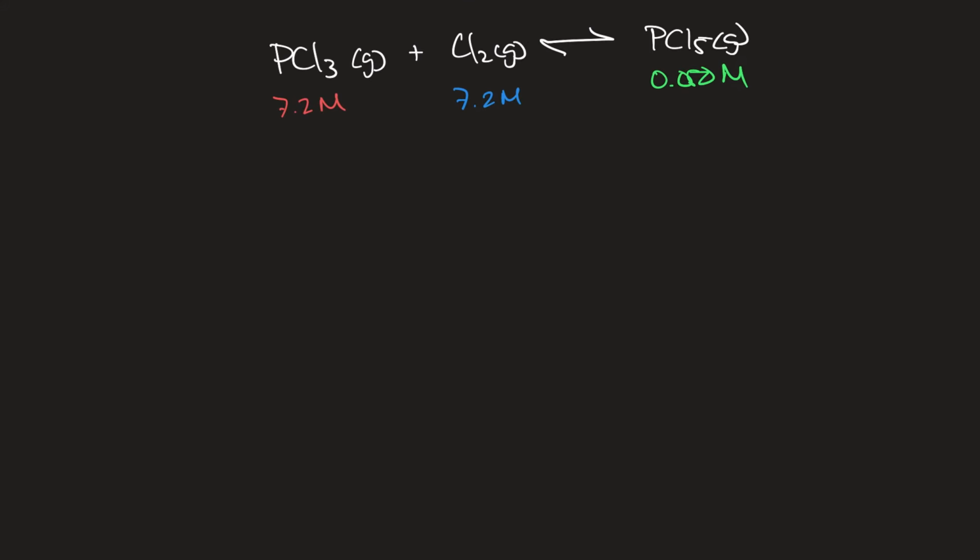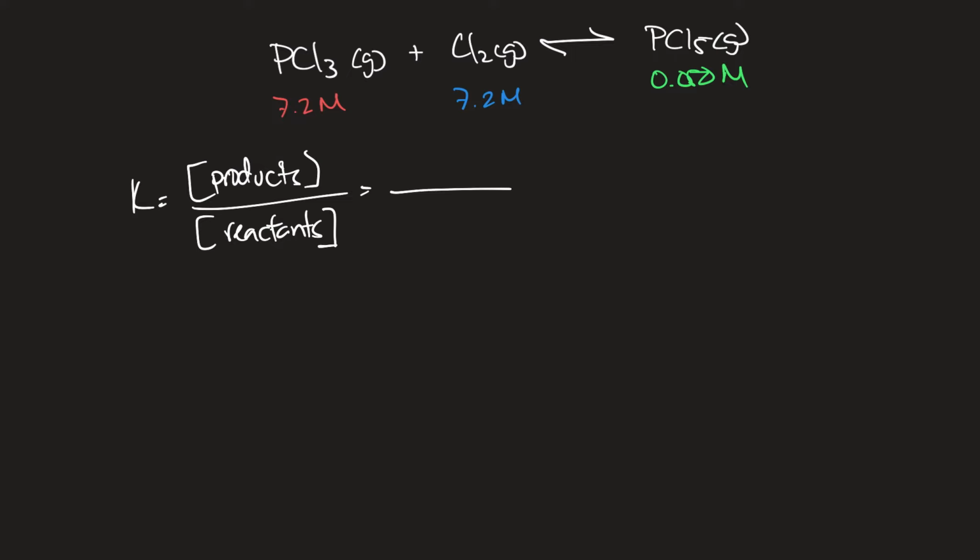What we're going to do is calculate the equilibrium expression for this chemical reaction. Now remember, K is equal to the concentration of your products over the concentration of your reactants. It's always probably a good idea to write the equilibrium expression first with the substances before we put in the numbers. Our product in this case is the concentration of PCl5, and its coefficient is 1, so it's really just to the first power here.